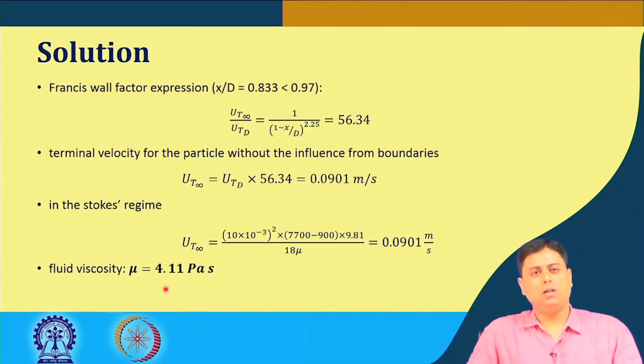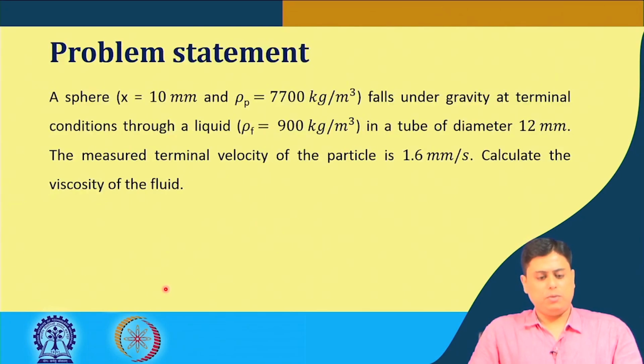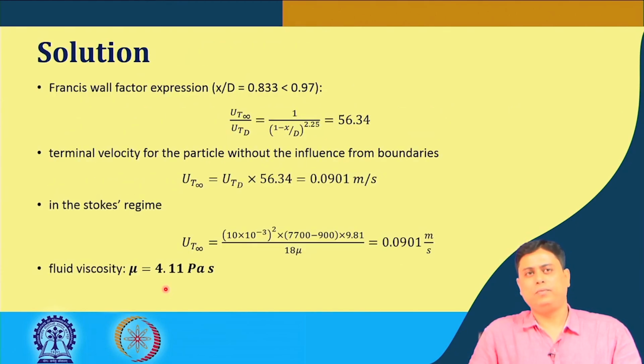So I hope this is clear. Again, the problem statement was a spherical object falling through a tube of known diameter, where the tube and the particle have comparable dimensions. Okay, we have a measured value of the terminal velocity. So what is the viscosity of the fluid?